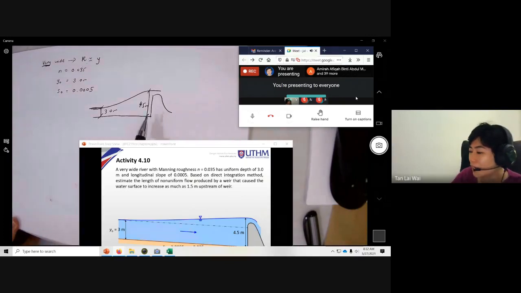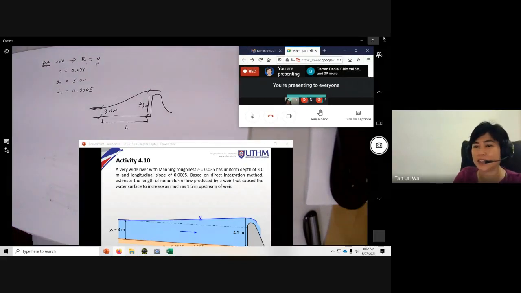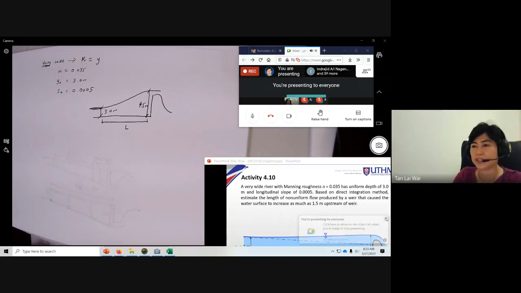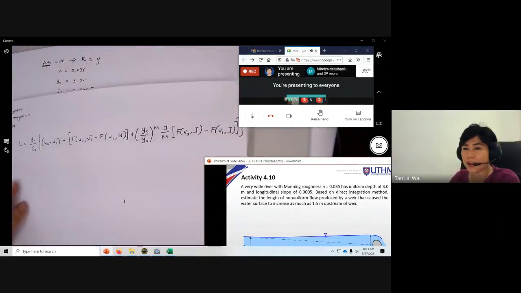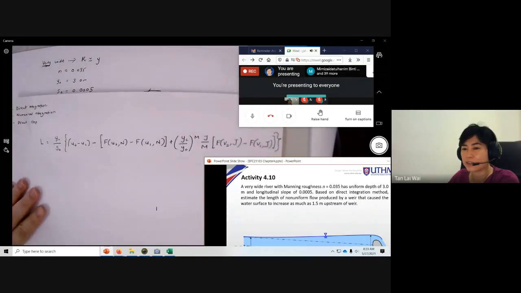Now, the question asks us to find this L here, using the direct integration method. If you look at the formula of the direct integration method, what are the values that you need to know?